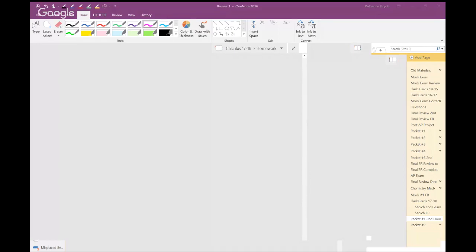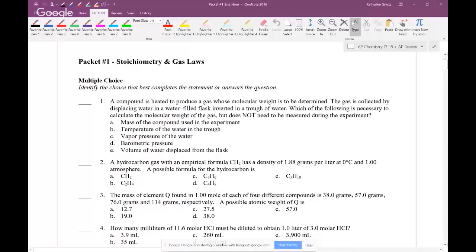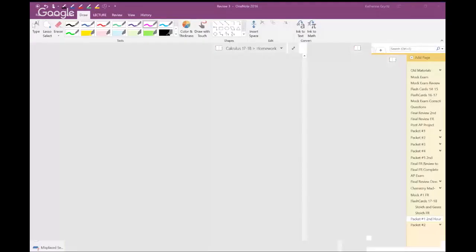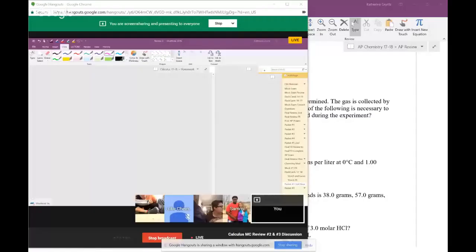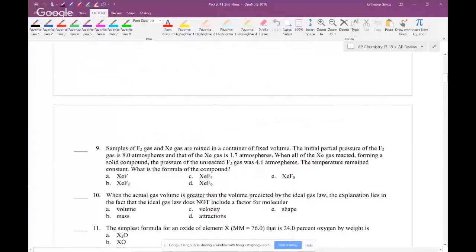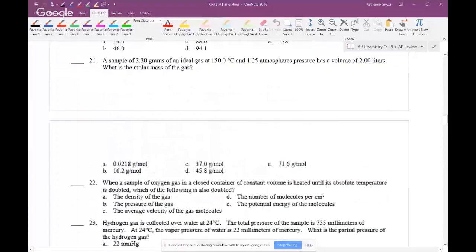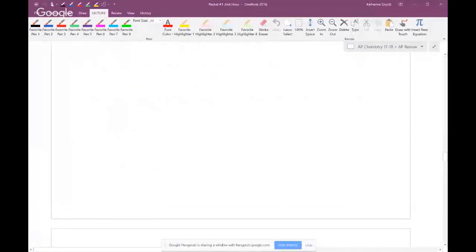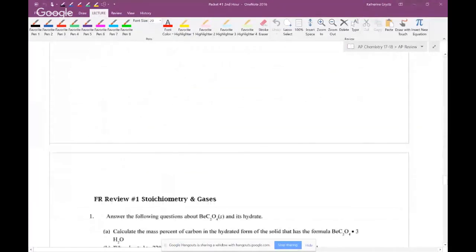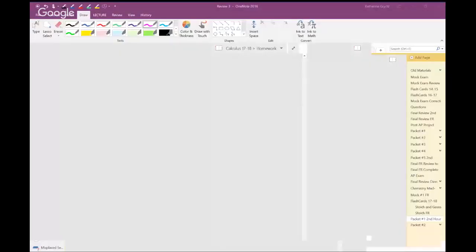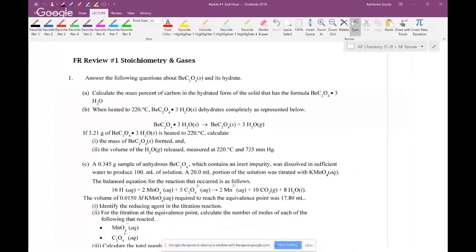What do you guys want to go over? Everything. I looked at the free response for stoichiometry, and all three of them we already worked in free response.